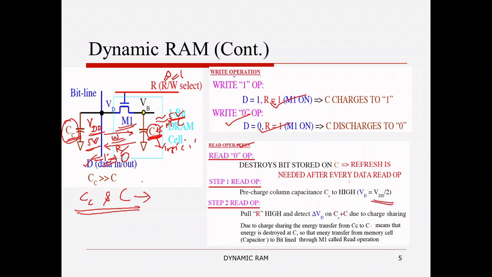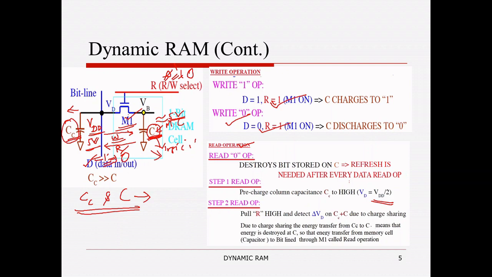Now, how will that read operation be performed? For the read operation, I select R equal to 1, and for the write operation the control signal will be 0. So the transistor M1 becomes the on condition. In the read operation, while comparing the amount of voltage between CC and C capacitance, CC has the maximum value.